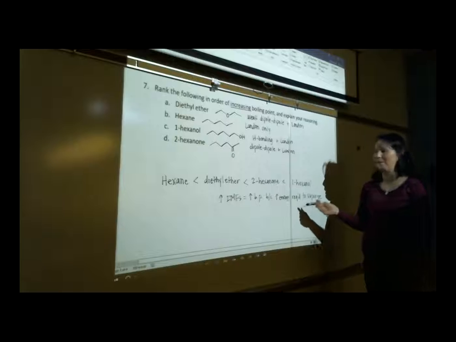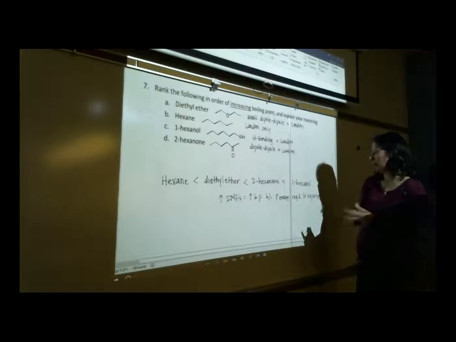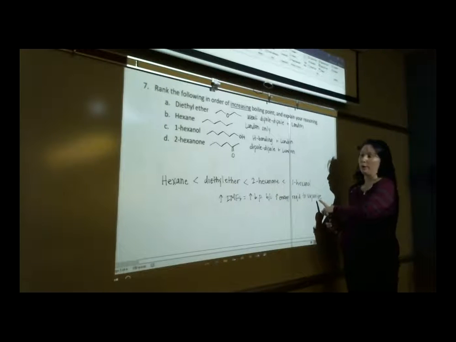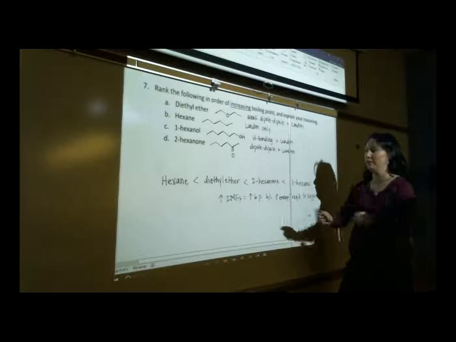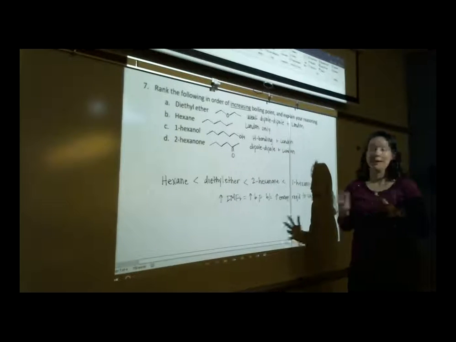Right? Are you actually breaking bonds when you boil something? No, okay? When you vaporize something, you're not breaking bonds. So don't say something like, this requires more energy to break bonds. Because we're not talking about the bond energy. We're talking about, this is a stronger magnet, right, than this is. IMFs can be thought of like magnets. You're not breaking bonds.